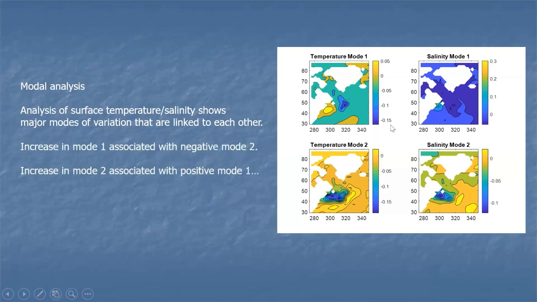Now, it turns out that an increase in this mode tends to be associated with negative mode too. So as the convection turns off in the central Labrador Sea, we tend to warm here, but a warming in this region tends to be associated with a positive trend here.